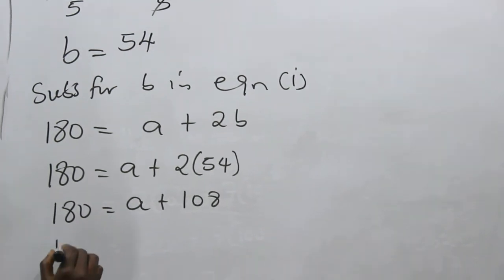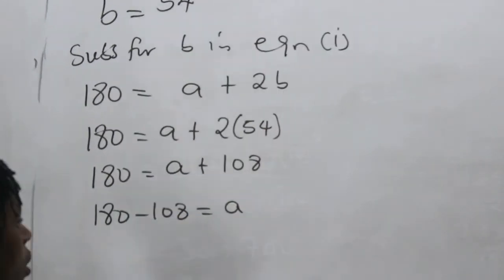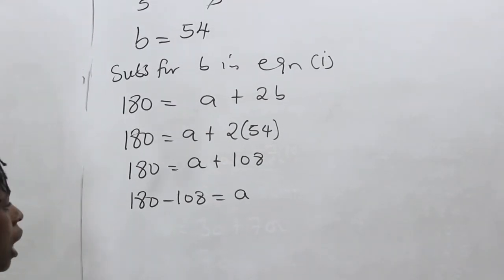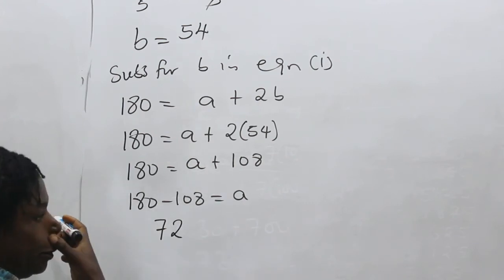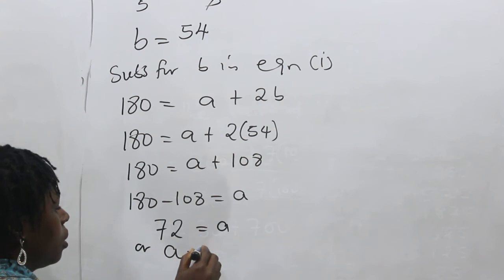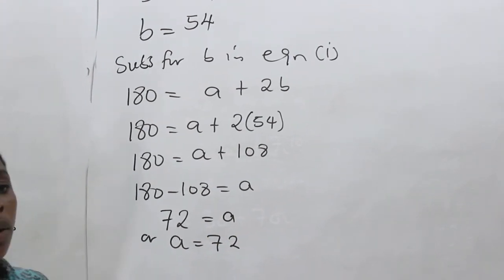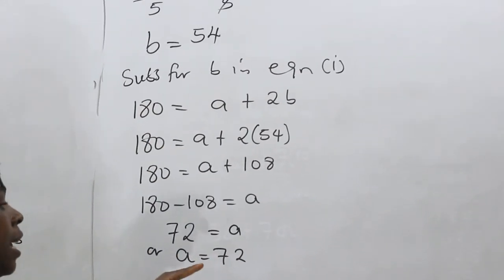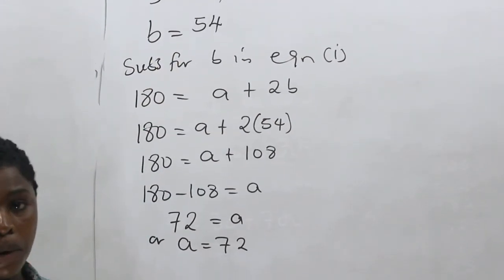So 180 minus 108 equals A. If we subtract this, our answer will be 72. 72 equals A, or we can say A is equal to 72. So now we've gotten the value of the two constants. A is 72, and B is 54.